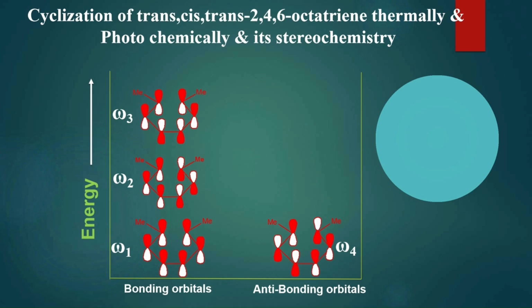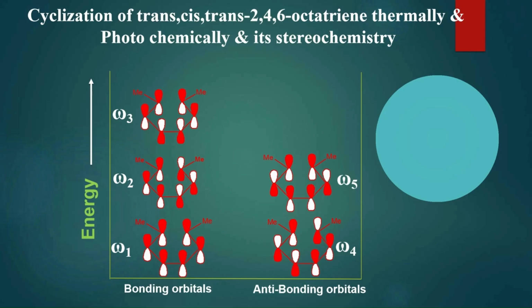In the process, you see that the 2p orbitals at 3 and 4 positions are in the same phase, and the 2p orbitals at 5 and 6 positions are in the same phase.